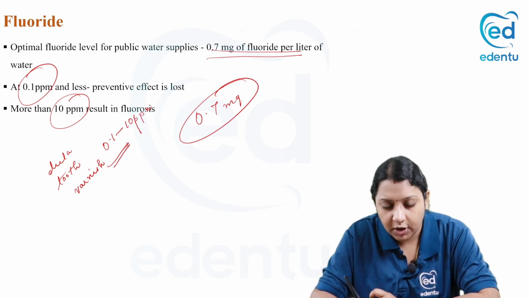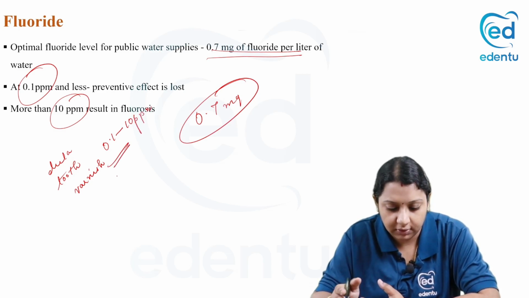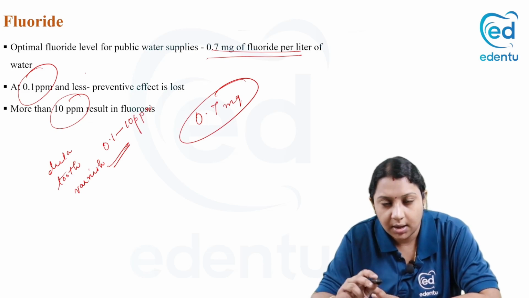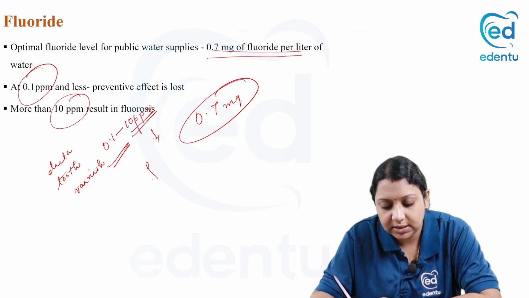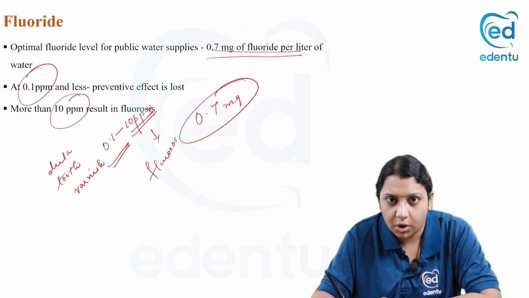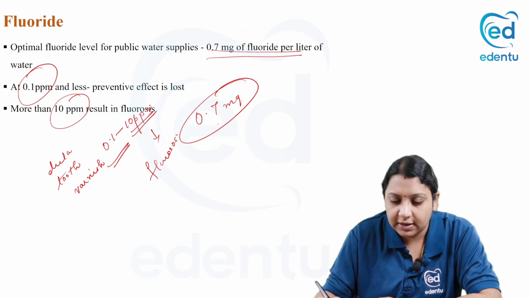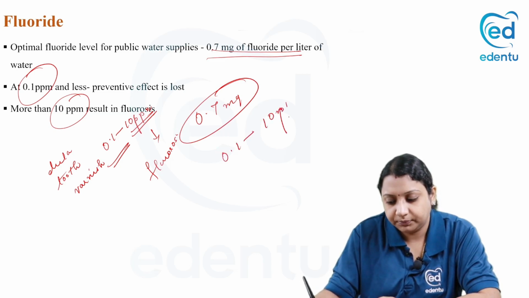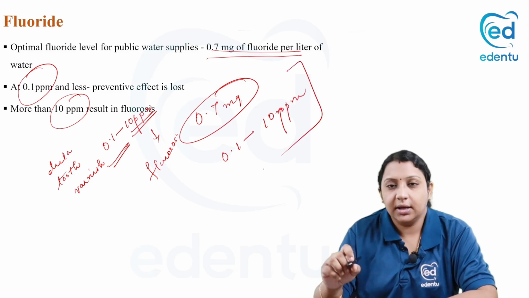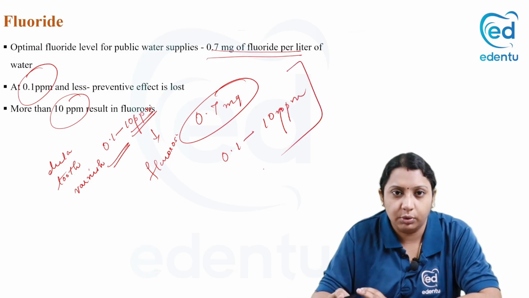Below 0.1, it is not effective. At 0.1 and less than that, the preventive effect is lost, and above 10 ppm, there is a chance for fluorosis to occur. So these three values, 0.7 mg, and 0.1 to 10 ppm, we have to remember for fluoride.